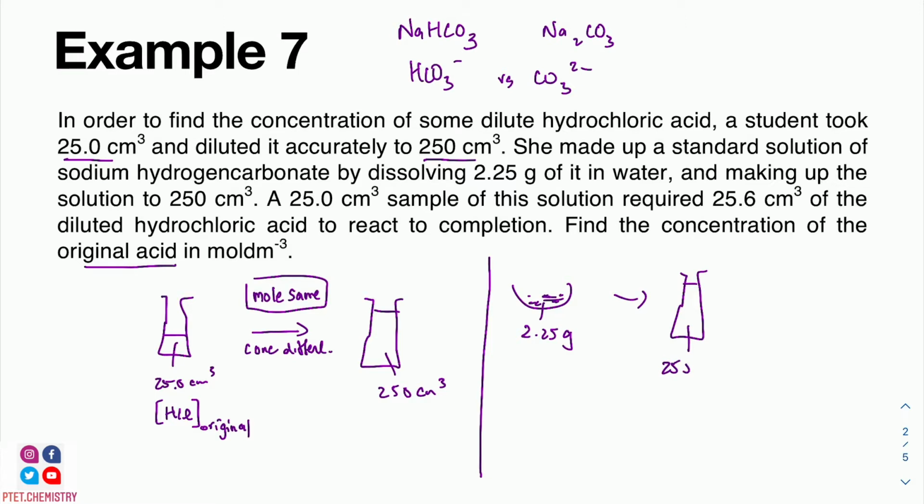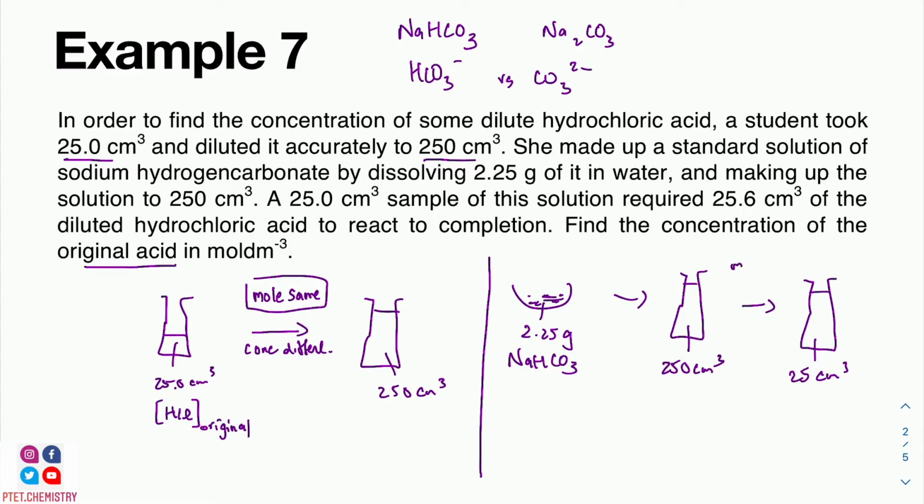There will be 250 cm³ of it. But in essence, what it means is in 250 cm³ you have 2.25 gram of sodium hydrogen carbonate. Okay, so from this 250 cm³ you take out 25 cm³ for your titration.